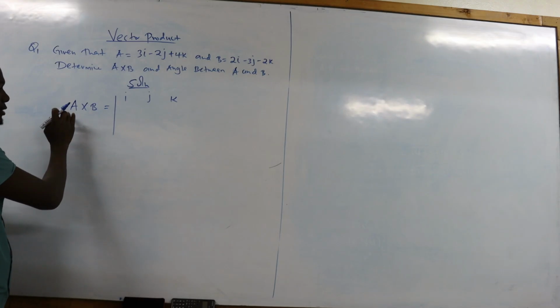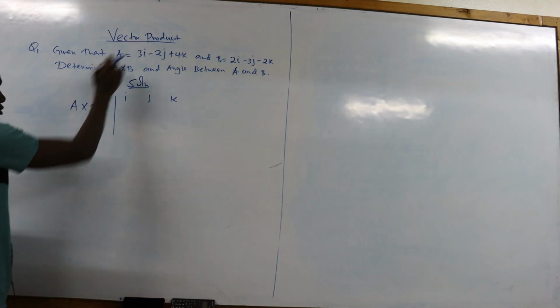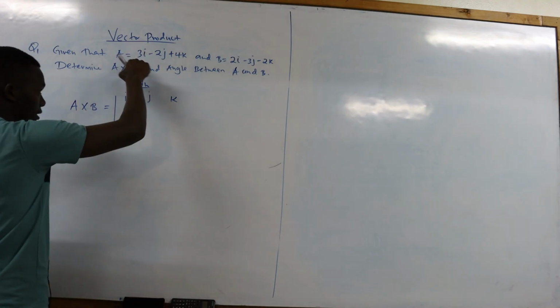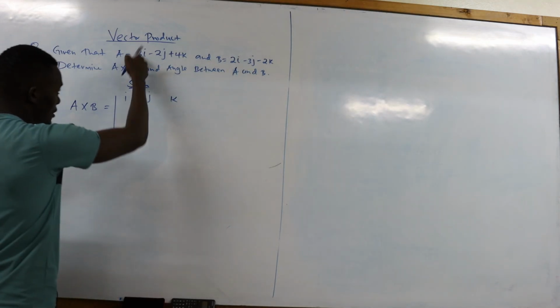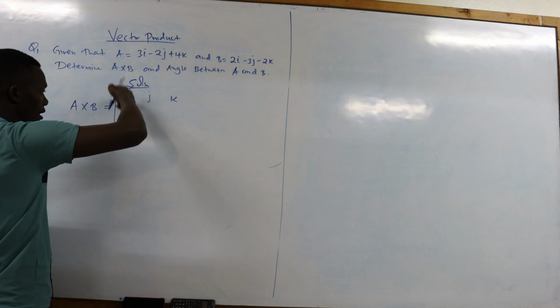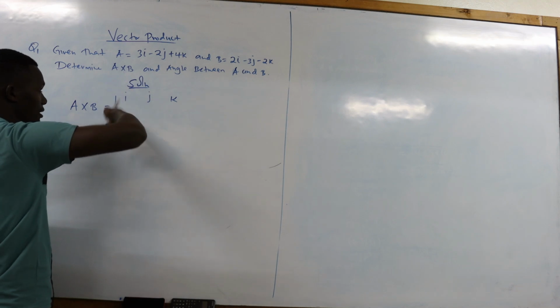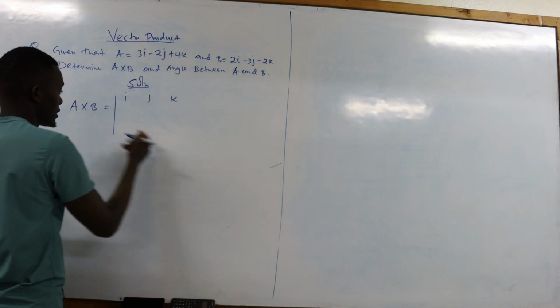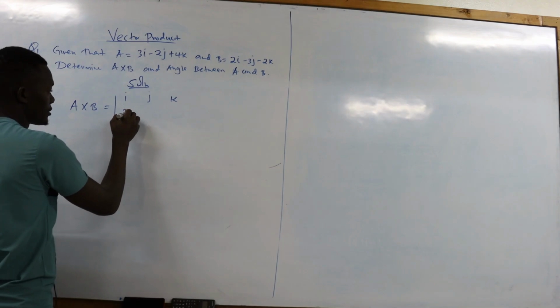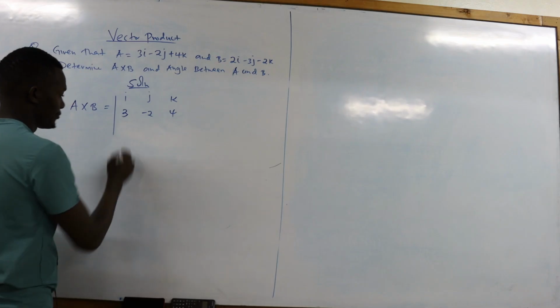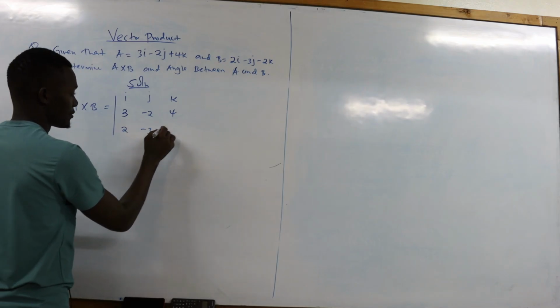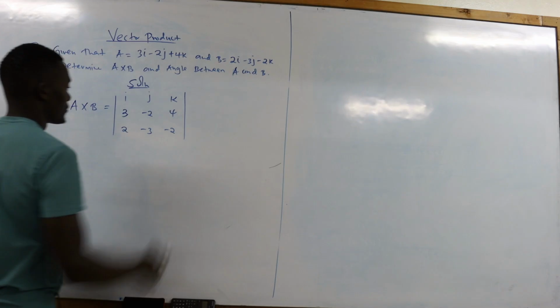So in our case here, we have A starting. We get the values of A with respect to i, j, and k. So we shall have 3, negative 2, 4, then you have 2, negative 3, negative 2.